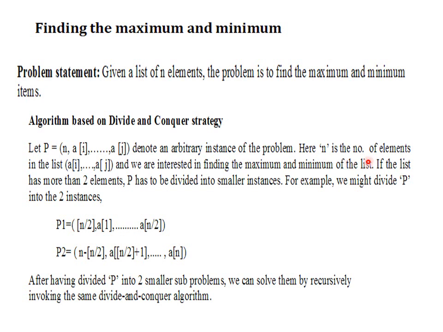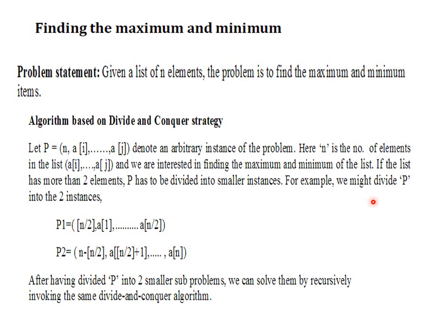Here n is the number of elements in the list, and a of i to a of j are the index values. a of i is a of 1 or a of 0, and a of j is a of n or a of n minus 1. If we start the index value from 0, then the upper index value is n minus 1. And if we start the index value from 1, then the upper value is n.